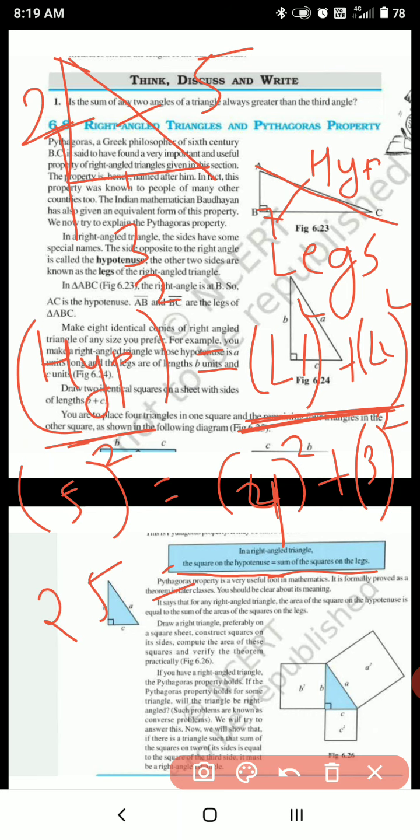Square of 5 is 25, 4 square is 16 plus 3 square is 9. So 25 equals 16 plus 9, which is 25.